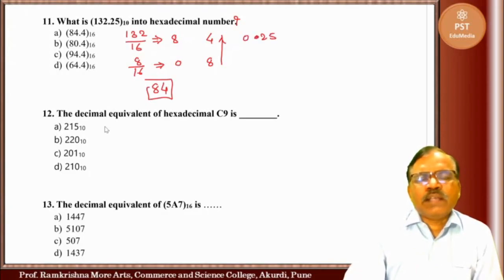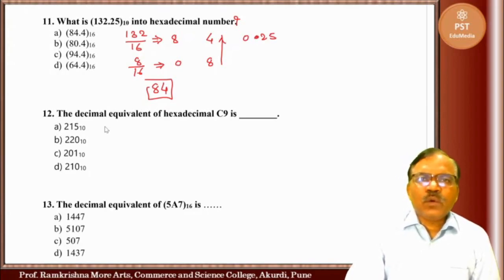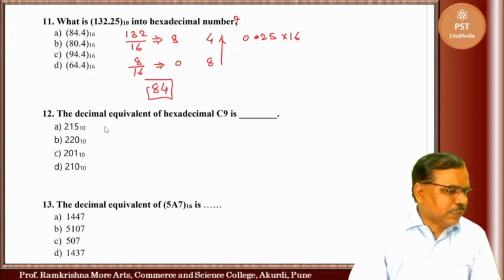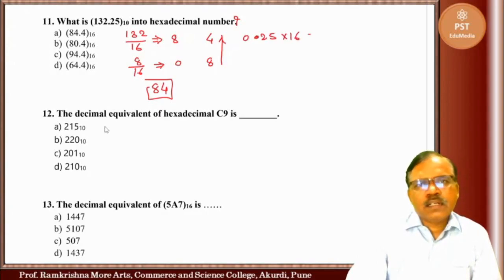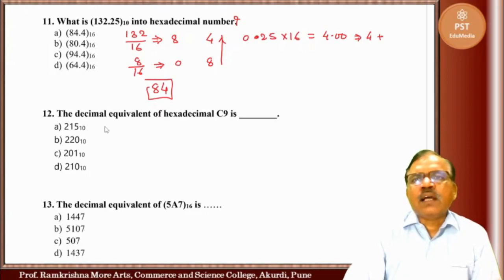Now for 0.25, we have to multiply by 16. If we multiply by 16, we get 4.00. So this is 4 as the integer part plus 0.00.